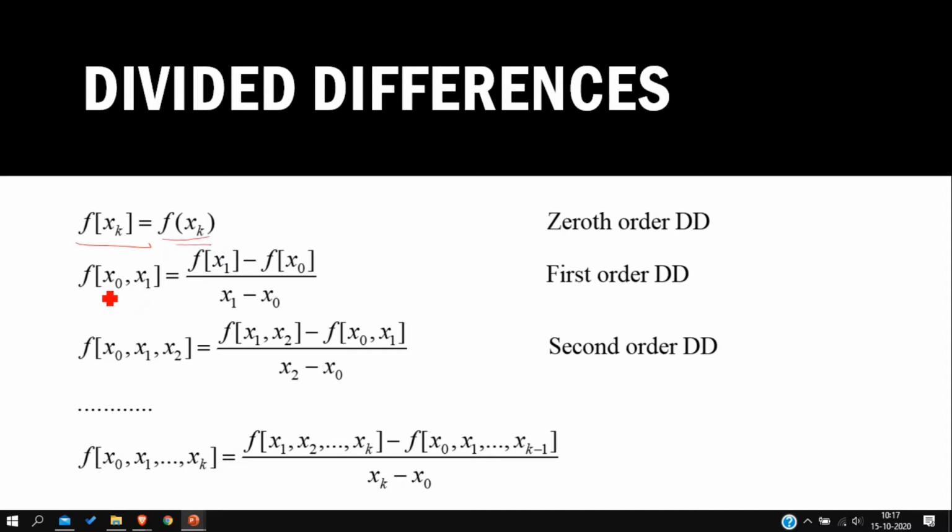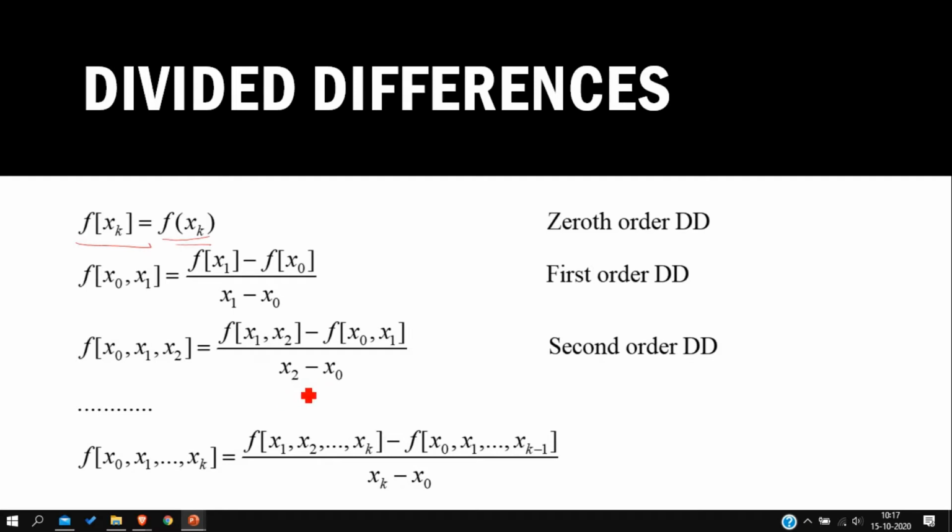When it comes to the first order divided difference, as we have seen, it is actually the slope: the difference between two consecutive y values, divided by the difference of the corresponding x values. Then the second order divided difference is the difference between two first order divided differences, divided by the difference between the x values also.